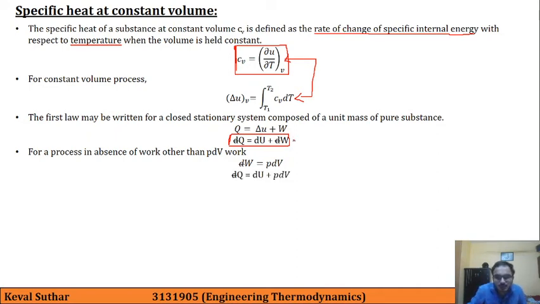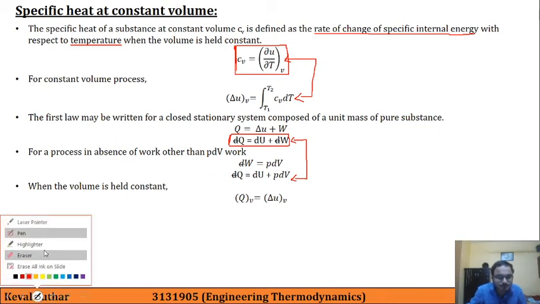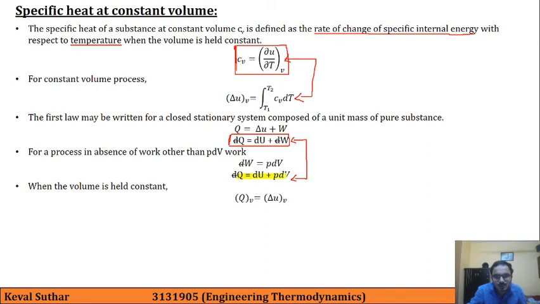So this formula again is modified over here. When the volume is held constant, we can write down in this way. Why? Because if you focus on this part here, we have reached up to this, and when the volume is constant, as our whole theory is at constant volume, this will be 0 because dV, that is change in volume, will be 0.